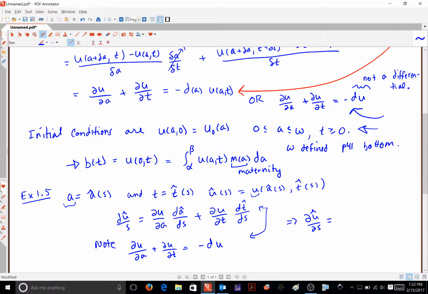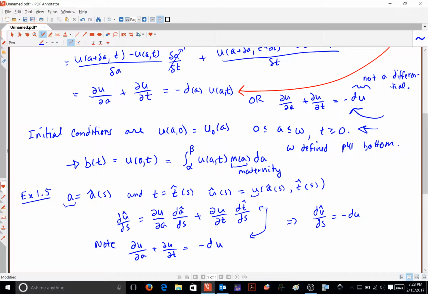That'll help you. I get those symbols interchanged all the time. I don't know about you. Okay, so if you look at this, you have du hat/ds equals minus d u.